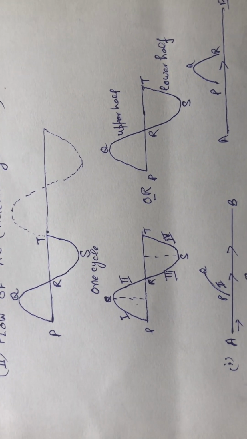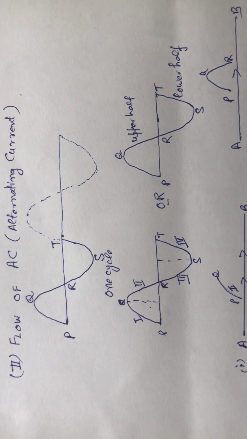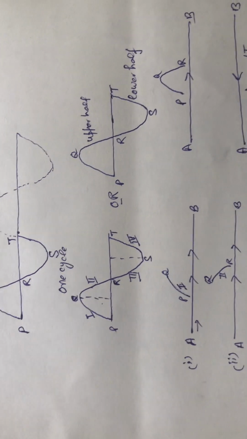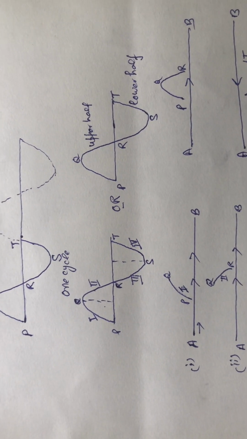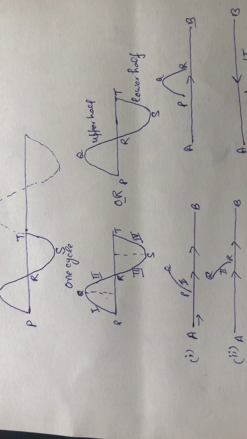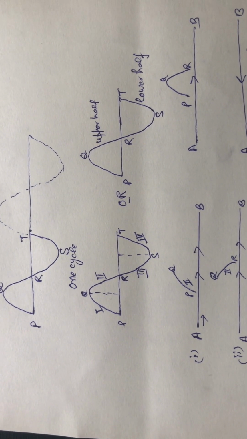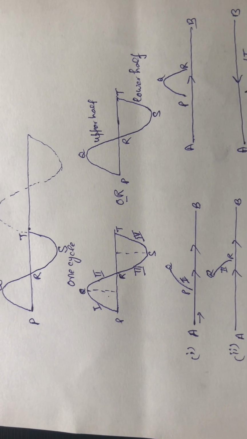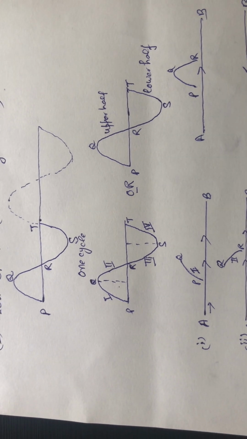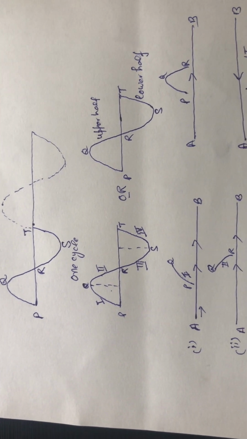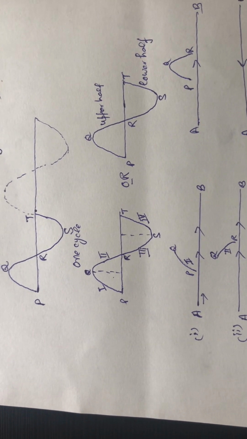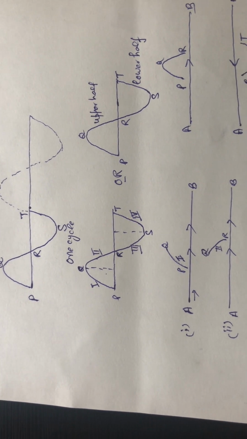Now during the second part, that is shown with QR, the current flows again in the same direction from A to B, but it decreases from maximum value at Q to 0 value at R. So during the first part current flows from A to B but it rises, and during the second part Q to R, the current again flows in the same direction A to B, but it decreases from maximum to 0 value.